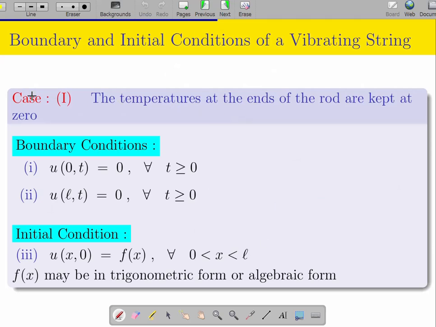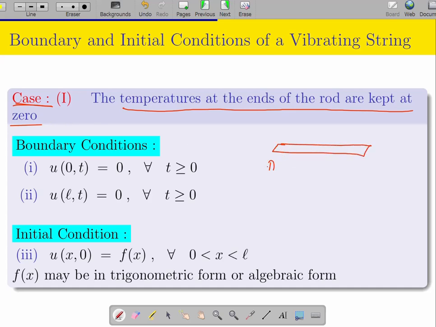Type number 1, case 1, is where the temperature at the ends of the rod is kept at 0. Let us consider any rod. One end we take as A and the other end as B. At point A, θ1 is the temperature and θ2 is the temperature for point B. Initially, both the ends are at 0 degrees Celsius.